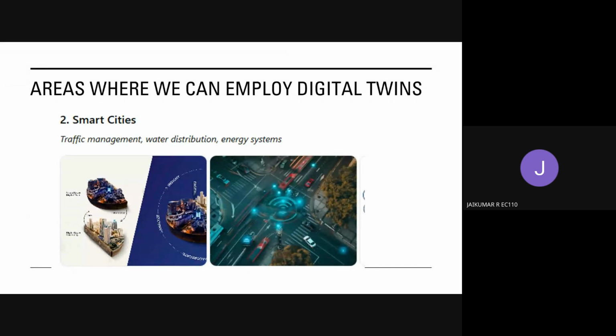If you have a digital twin of an entire city, you can easily manage the traffic, effectively distribute water, and effectively manage the energy consumption of the city. Singapore is implementing this digital twin, a digital copy of the city, to develop into a smart city.